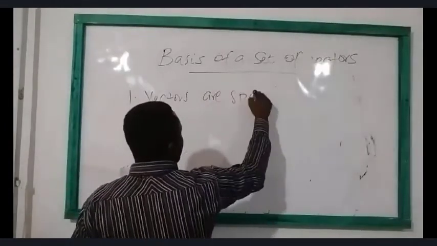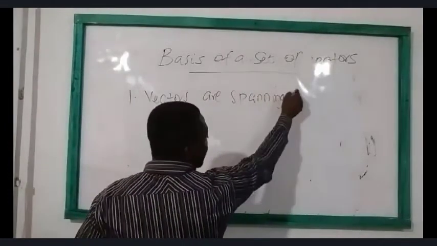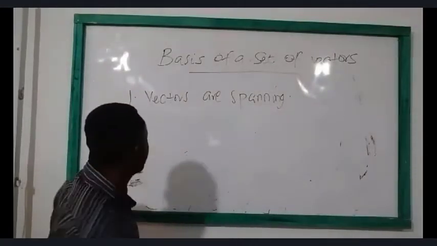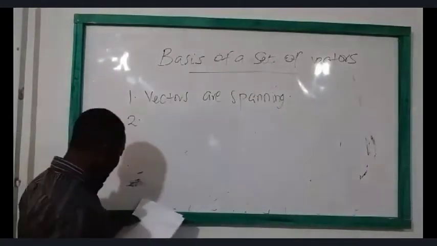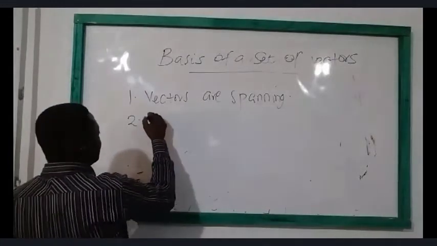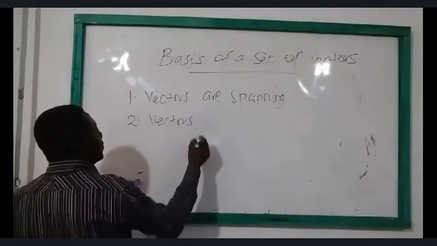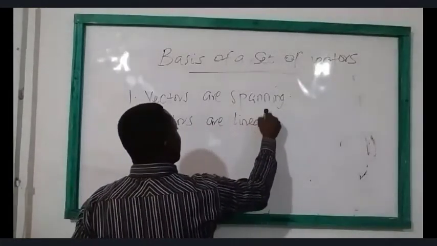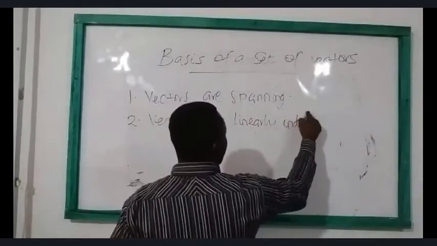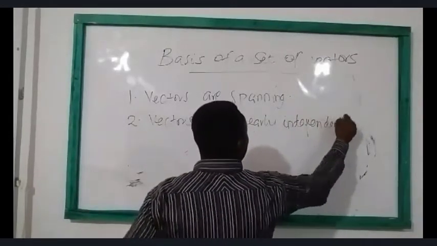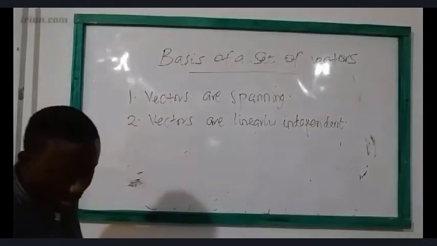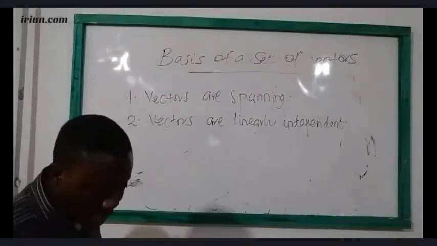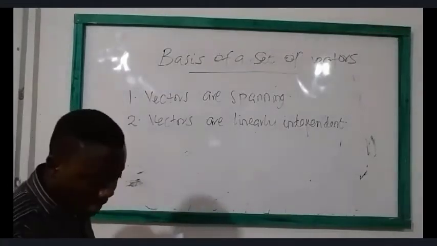spanning. First, you have to show that the set of vectors are spanning. And then secondly, show that the vectors are linearly independent. So these are the 2 conditions that make a set of vectors form the basis of some other set of vectors.